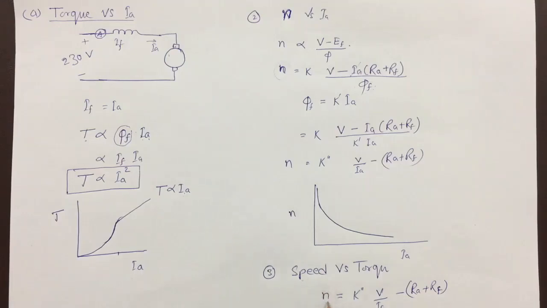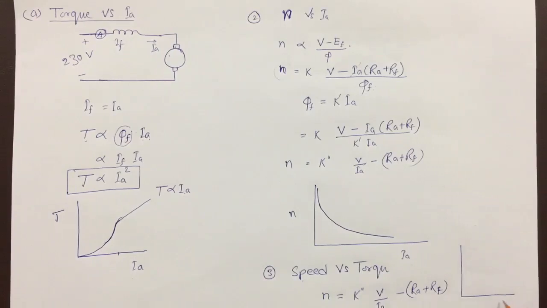Now speed we have measured from tachometer. Now the next thing is torque. We just want to find out how the characteristics look. For that purpose, we have to plot between speed and torque.